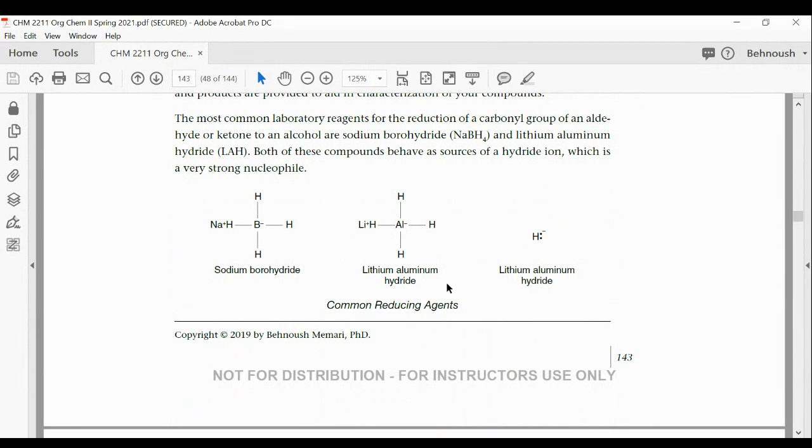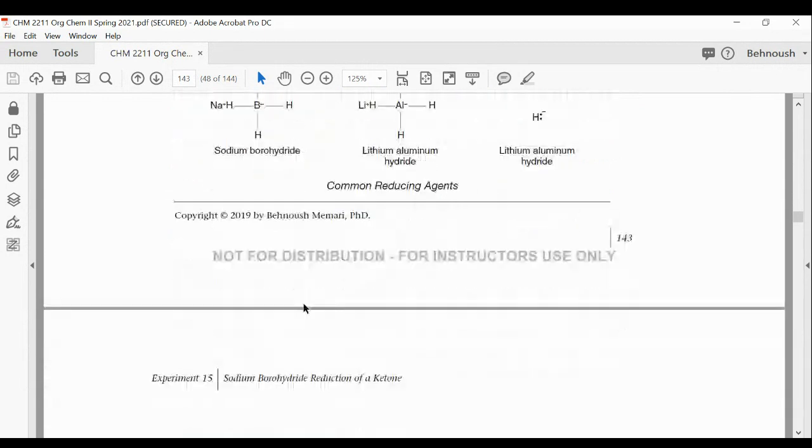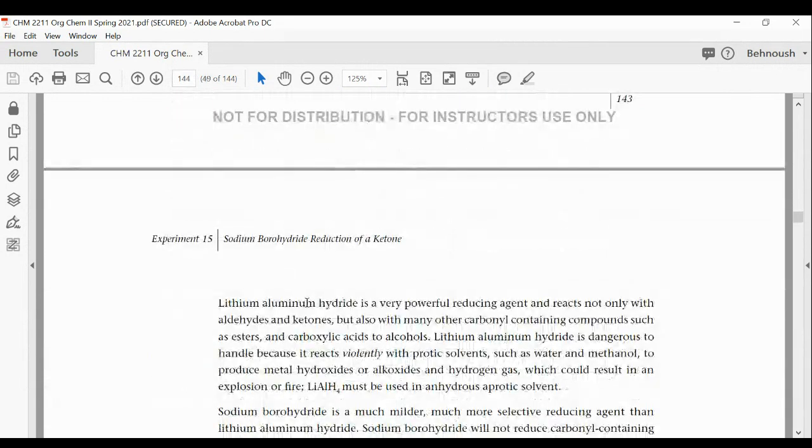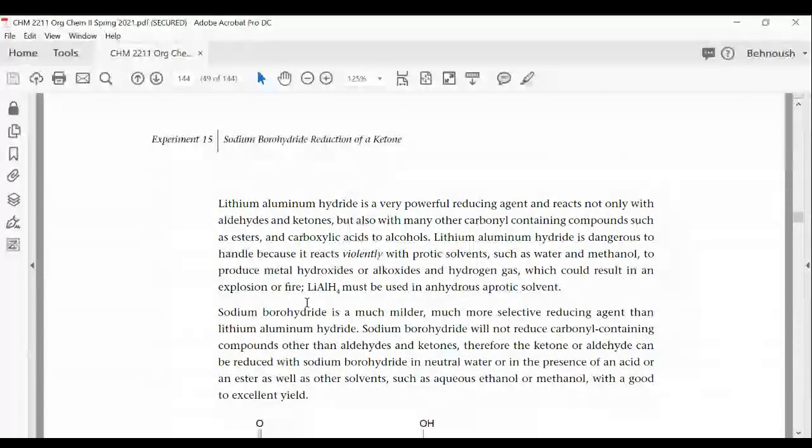Lithium aluminum hydride is another reducing agent, used more for carboxylic acids and acid derivatives, and it is stronger than sodium borohydride. But sodium borohydride is good for aldehydes and ketones. You learned that at the end of organic 1 or beginning of organic 2, so this is one of the reactions that most of you already know.